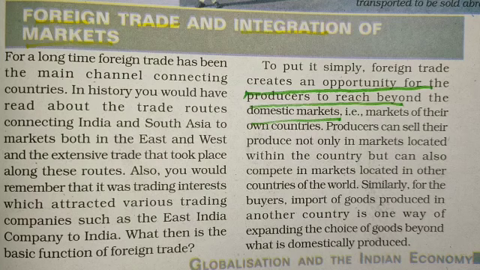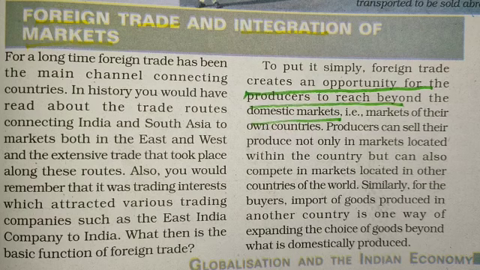I can reach foreign markets through many products of ragi, such as ragi flour or ragi biscuits, and many other things we can write. So foreign trade creates an opportunity for producers to reach beyond the markets of their own countries.